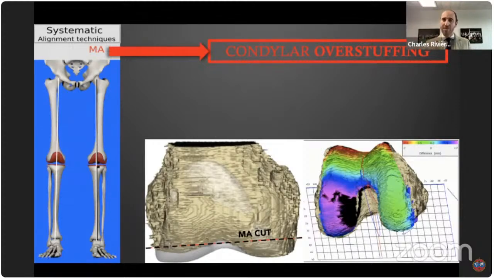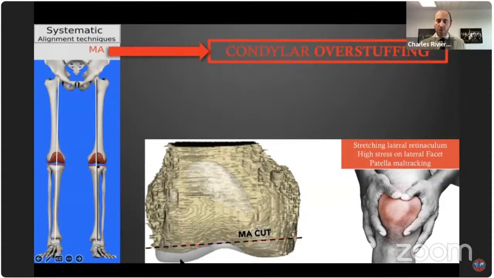When you bend the knee, of course, you have the kneecap. So the patella is rotating around the femur with the retinaculum. And obviously, the retinaculum will be stretched because of this overstuffing. So clearly, with a stretched retinaculum, the patella tilts, and it's a cause of anterior knee pain.